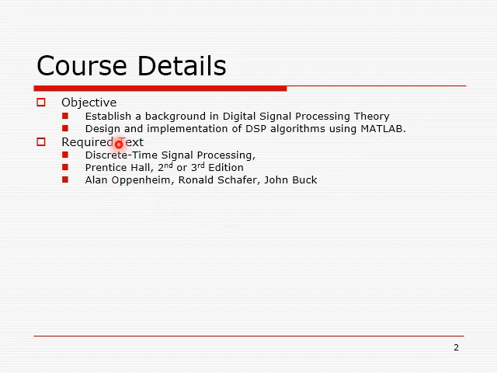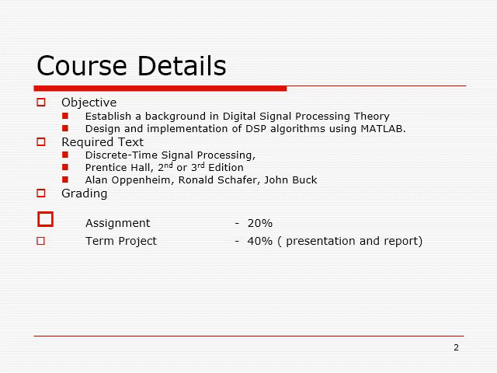So I do have a required textbook, Discrete-Time Signal Processing, second edition or third edition, either one is fine. Grading policy, so 20% to assignments, 40% for a term project. I will ask you to present and also hand in a written report. You can find more details in the syllabus.